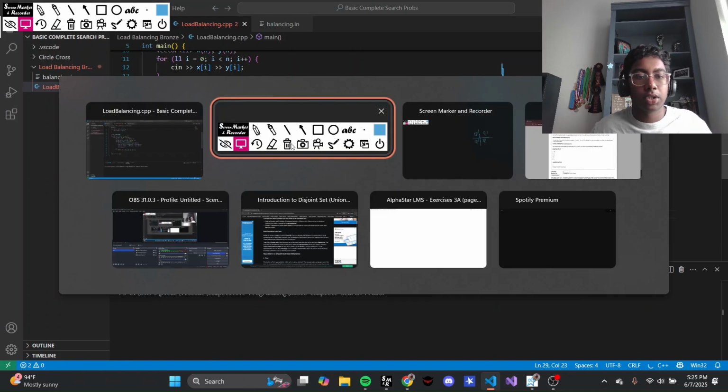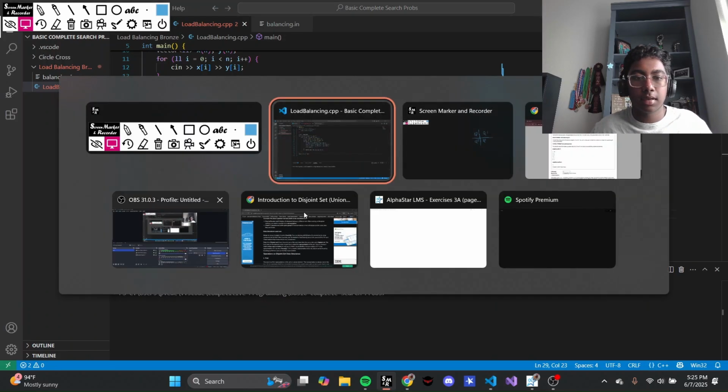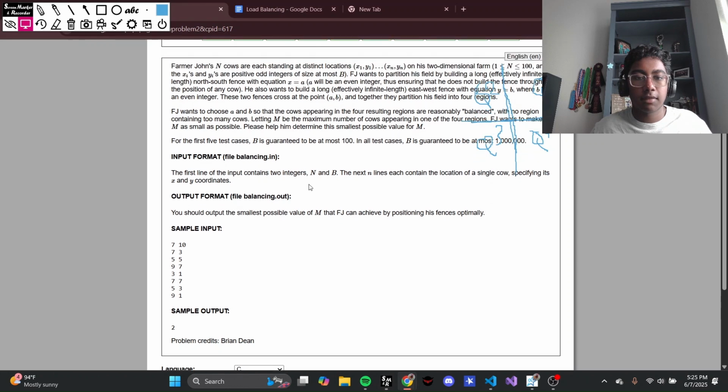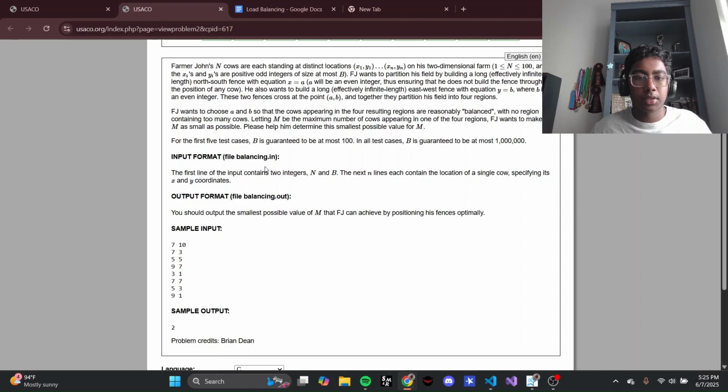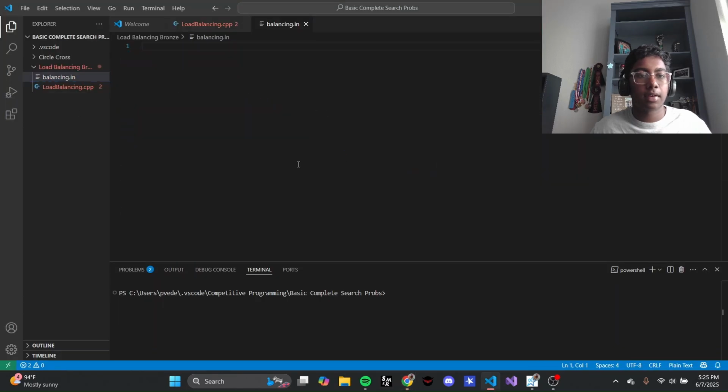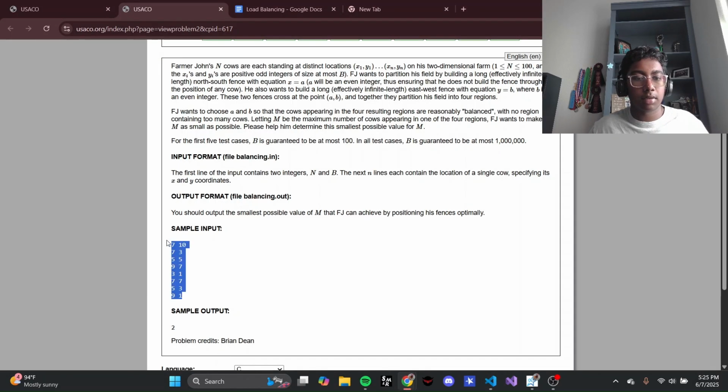And then I'm pretty sure this problem is file input output. So yeah, okay. And I have that here. Let's just get our sample input.